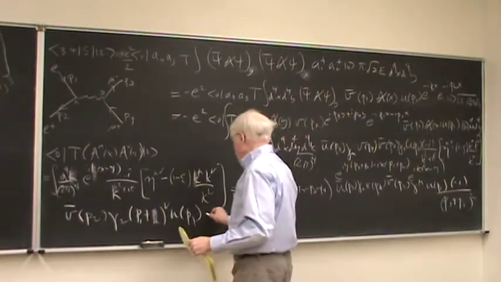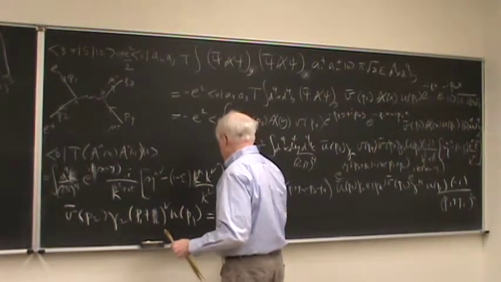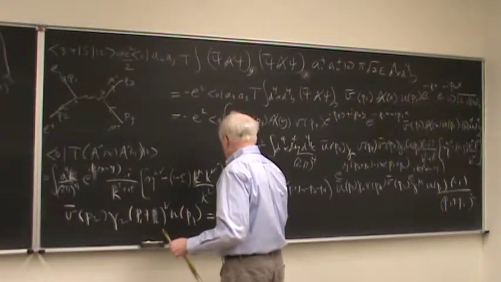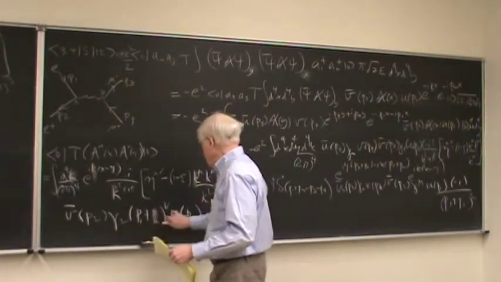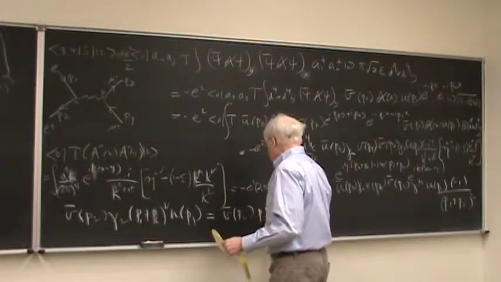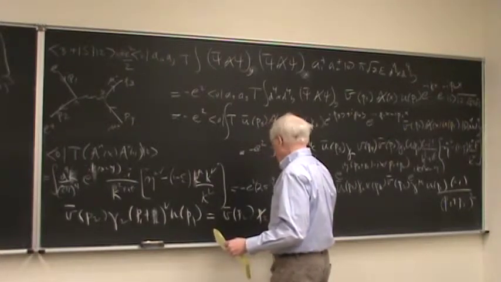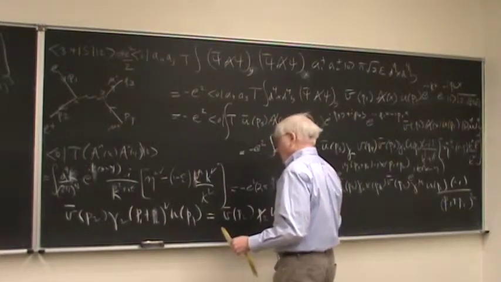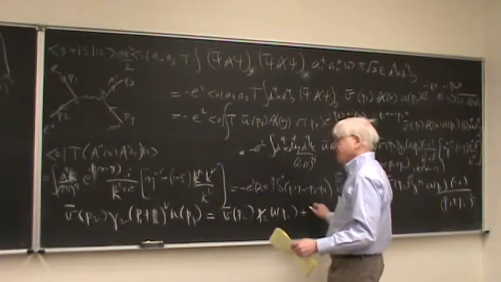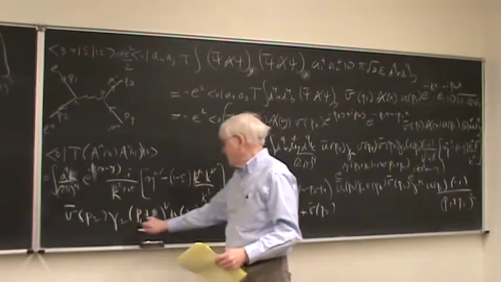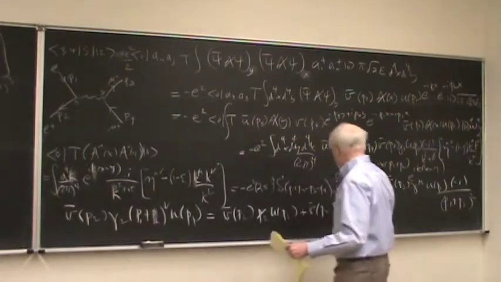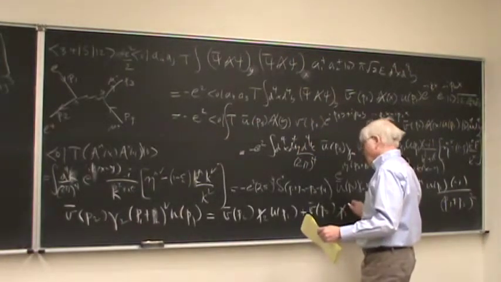Now we can rewrite this as v bar p2, and then gamma nu p2 nu is p2 slash u of p1, and then plus v bar of p2, and now this is p1 slash u of p1.